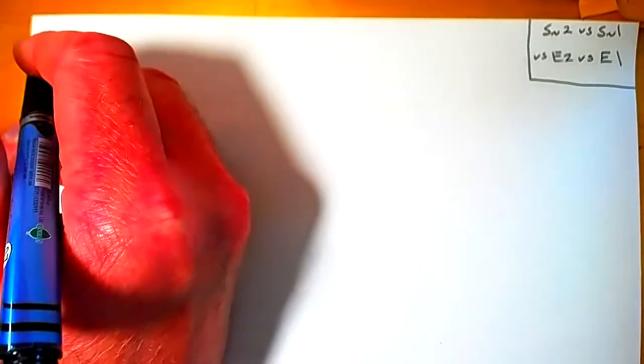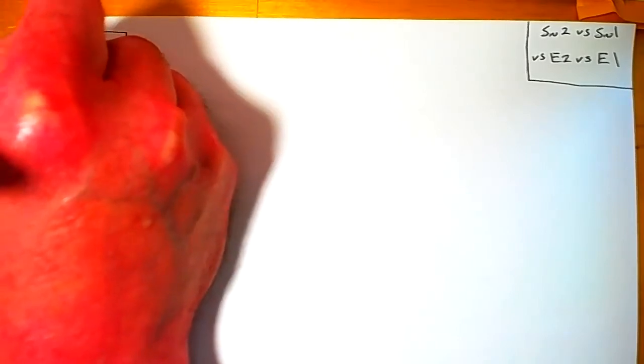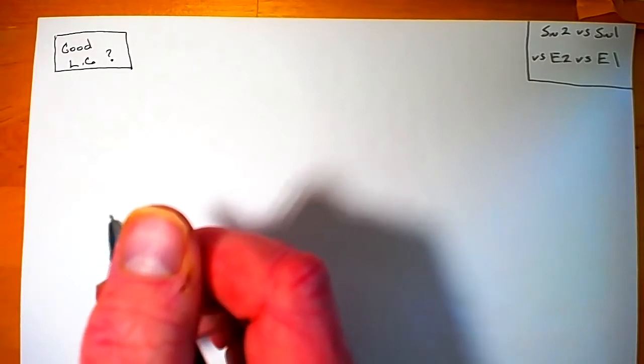What should be the very first thing that I should look at in a reaction when I'm starting to make this determination? There are several approaches to this, but in my mind, your very first thing that you should be looking at and asking yourself is, do you have a good leaving group? Because this is really required for all four of these reactions.